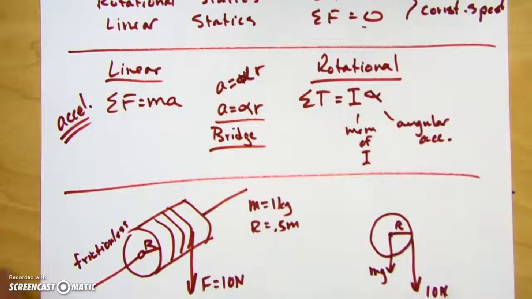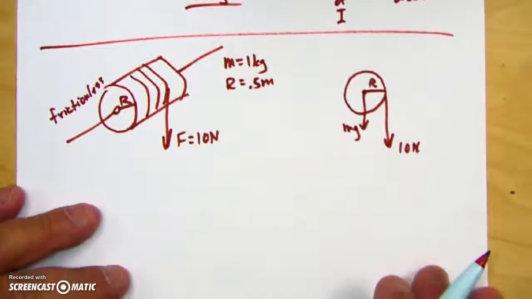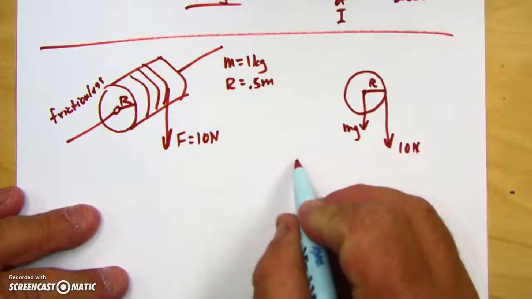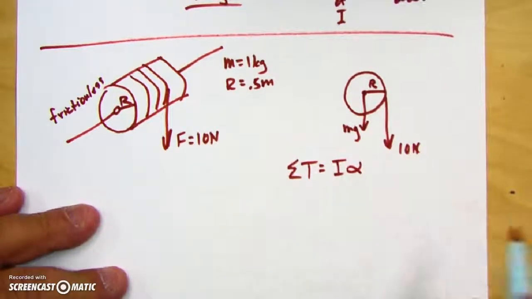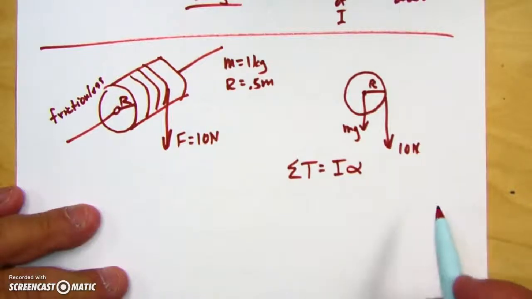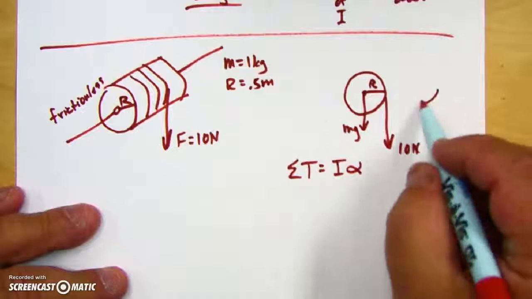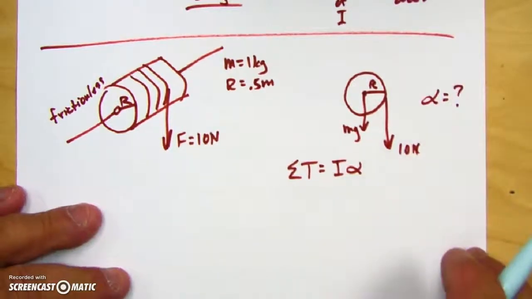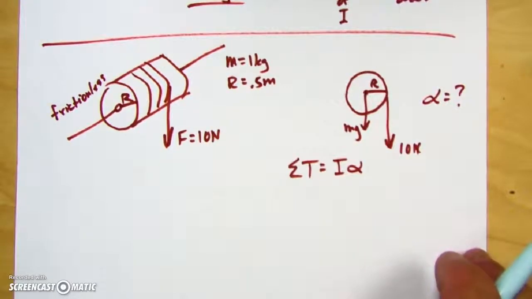In order for it to rotationally accelerate, there must be a net torque. The net torque is equal to I times alpha. What I'm going to try and find is alpha. So alpha is my unknown. Now, in order to calculate I, you're going to need a formula for I. Every shape has a unique formula.